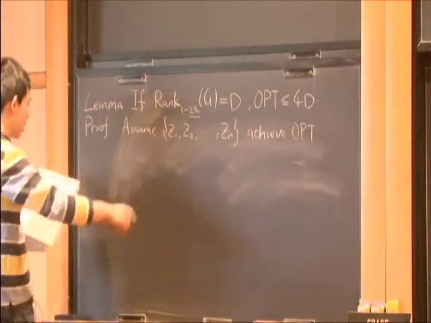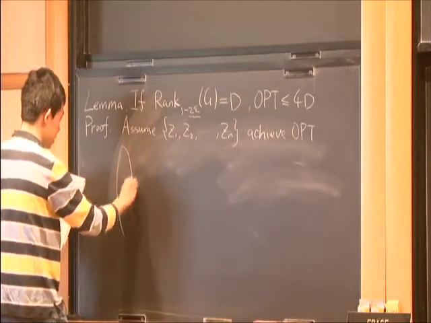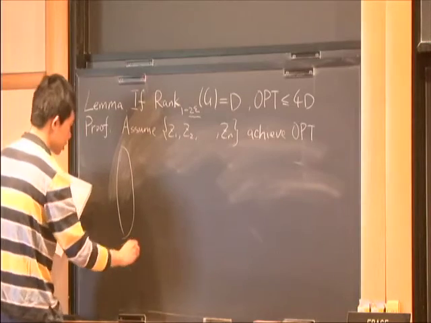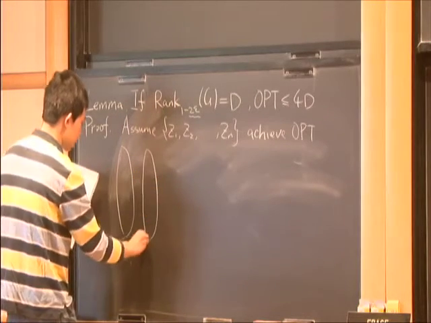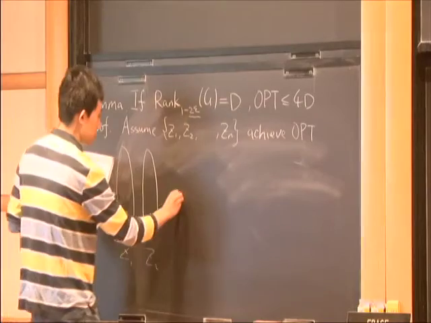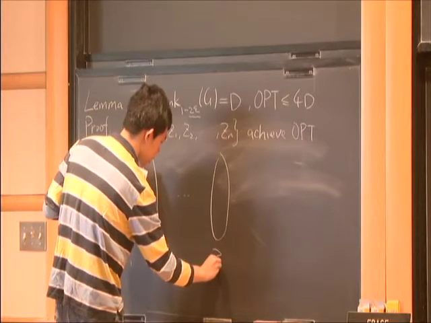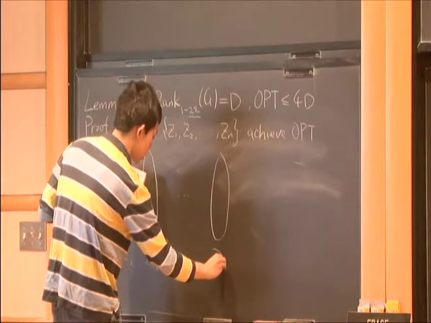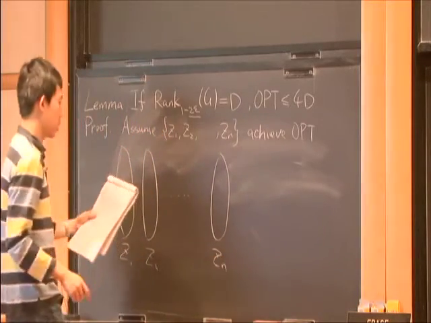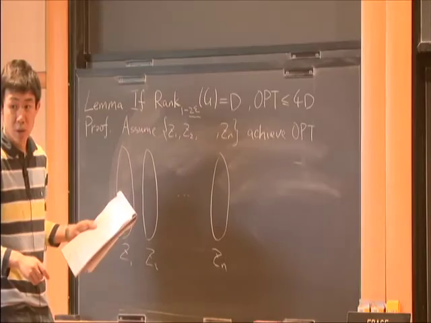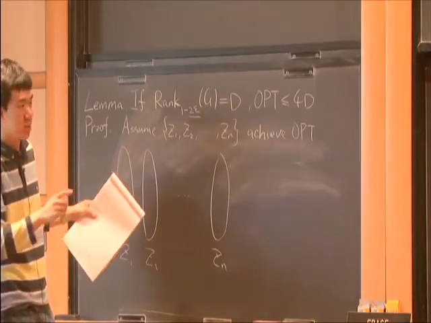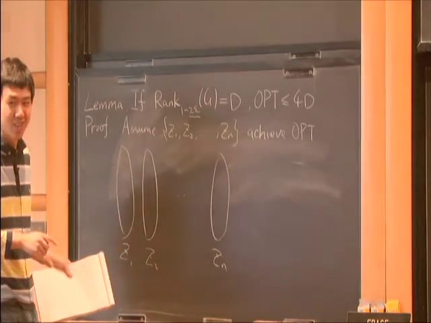Now again, like there, we write these here. This is c_1. This is c_2. And this is c_n. Times root d again? No, this time there's no normalization.